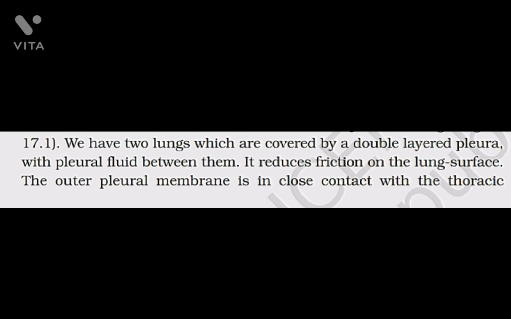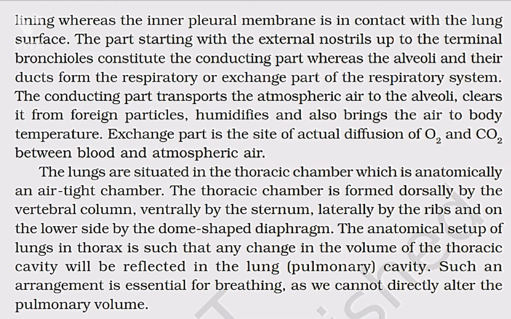It reduces friction on the lung surface. The outer pleural membrane is in close contact with the thoracic lining, whereas the inner pleural membrane is in contact with the lung surface.